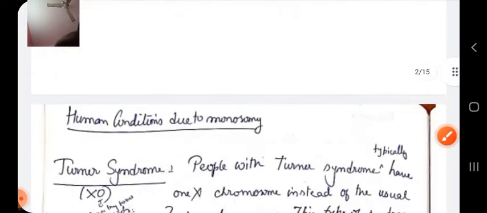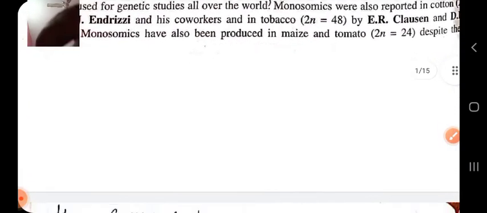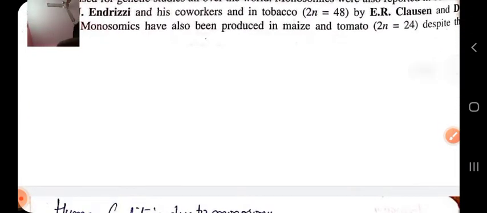So we can create monosomy in polyploids, which can be useful for our genetic studies. Monosomies can be easily produced in polyploids because they possess more than two chromosomes of each type, and the loss of one or more chromosomes can be easily tolerated. And I have already said that the number of possible monosomics is equal to the haploid chromosome number.